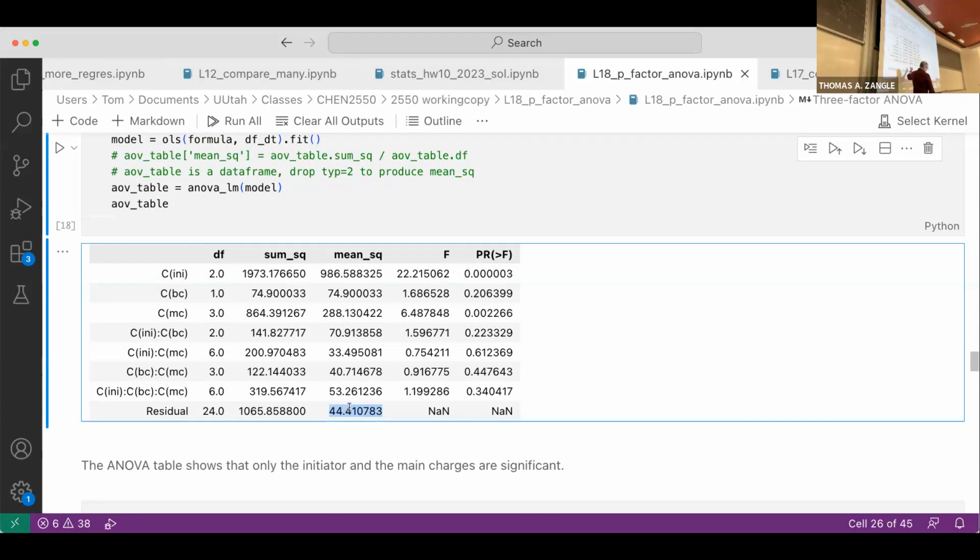Another underlying assumption for ANOVA we didn't discuss is that we assume the variances within each grouping are all the same. Remember when we talked about one factor ANOVA, fundamentally we're trying to see if the difference between means is greater than the difference within means.